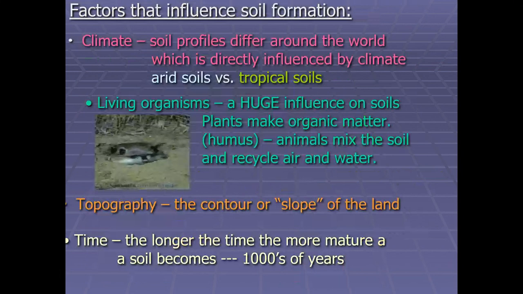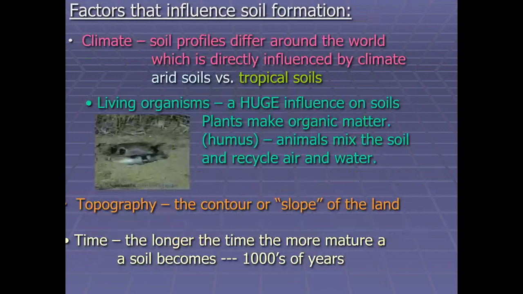Sometimes it takes thousands and thousands of years to create a very defined set of horizons to show a soil profile. So you can see that the factors that influence soil formation number about 5 of them. Because of that, you're going to have different soils all over the world, because all these factors are contributing and intermixing with one another, producing different kinds of soils.